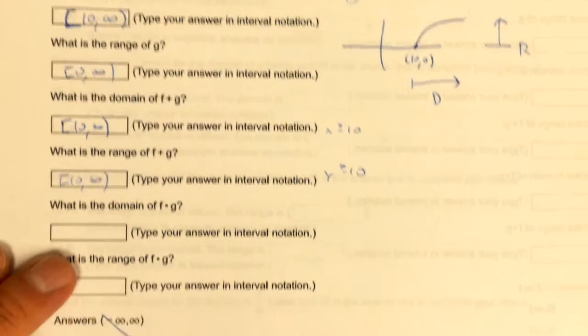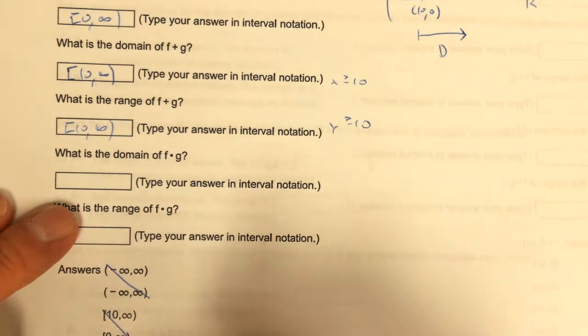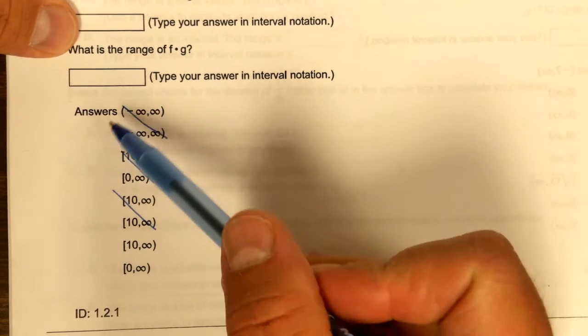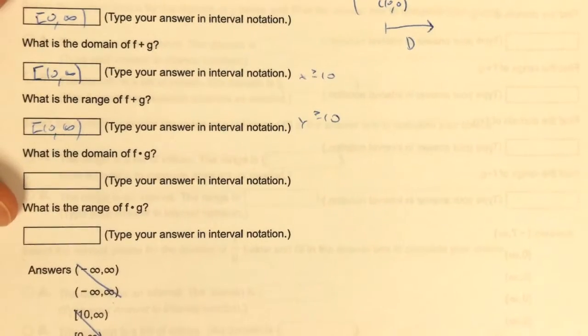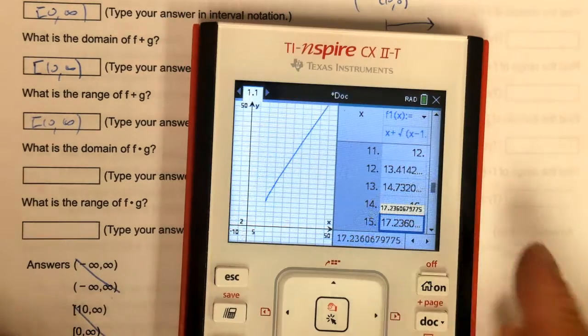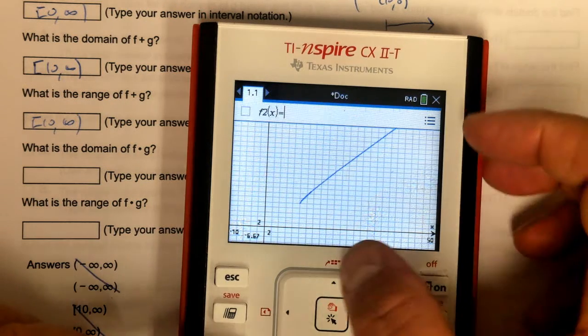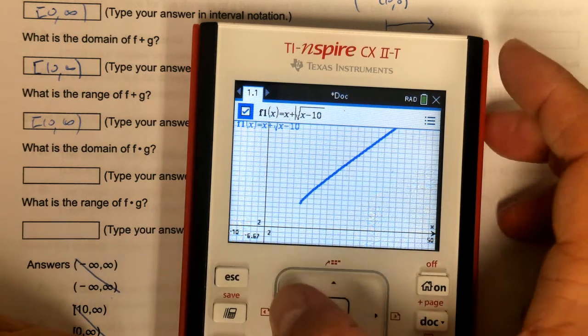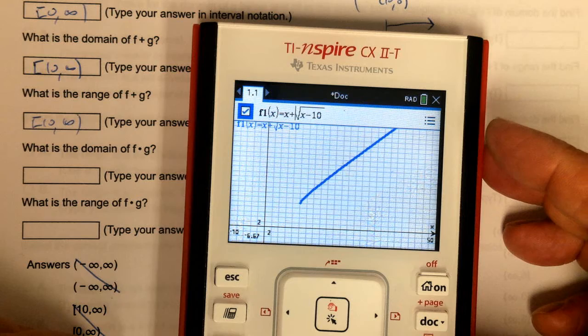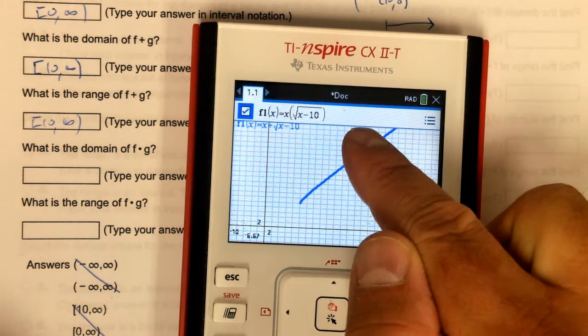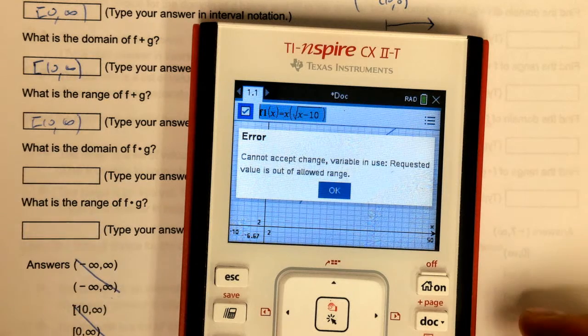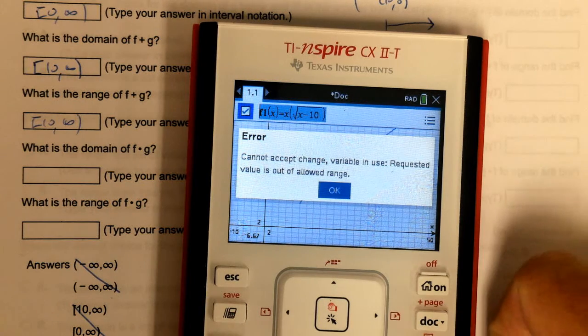Then you have the one with times. What I have been doing is I use these two, these two, these two. These are the last two, and they're with times. So then I get rid of my table, delete this, and put parentheses around that. Notice when you open a parenthesis, it closes it in the back. Now this one says cannot accept change.